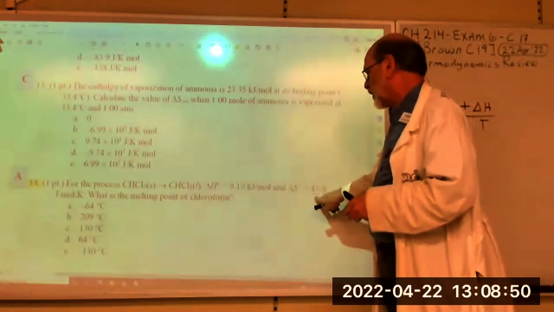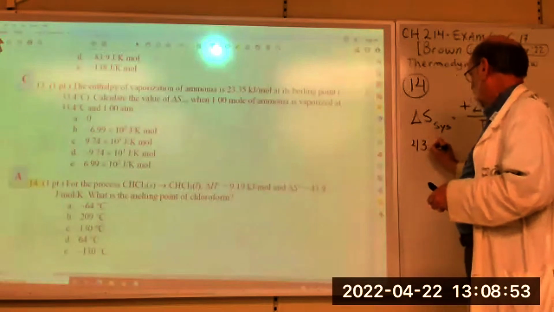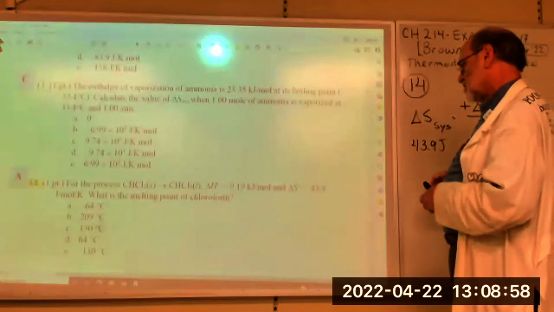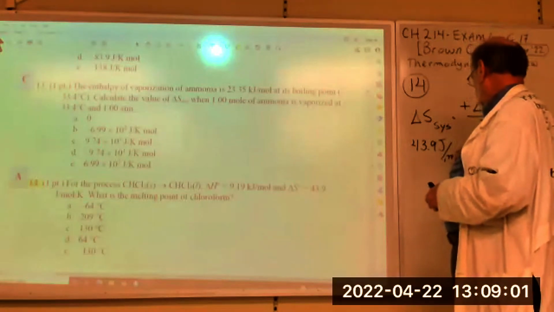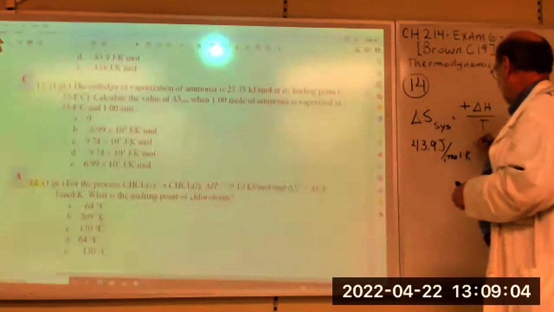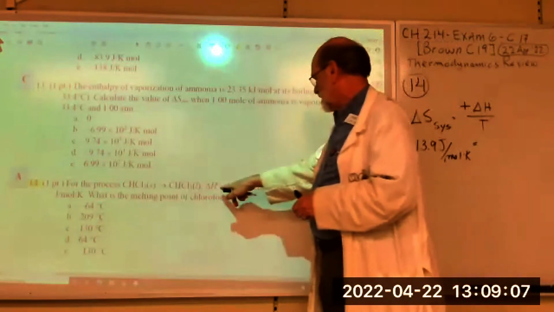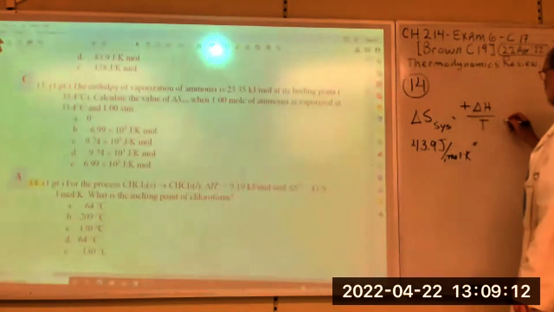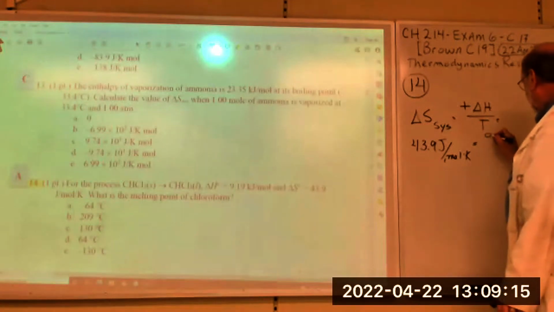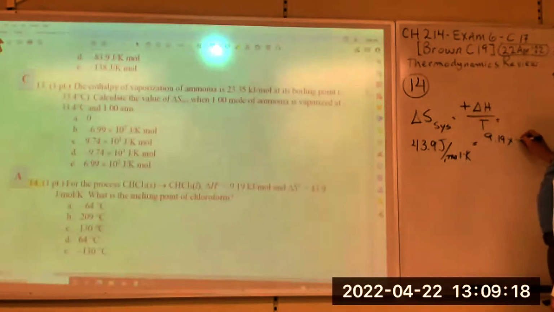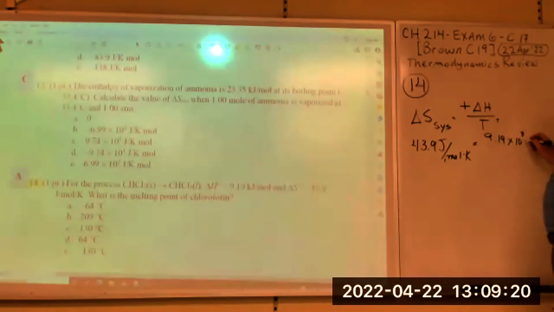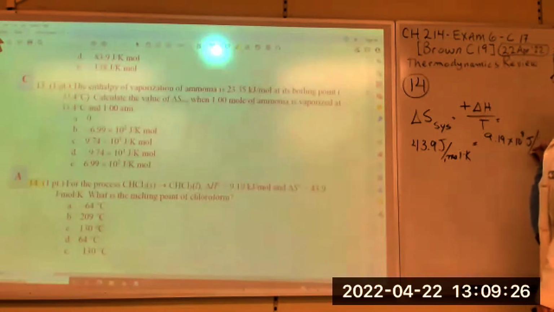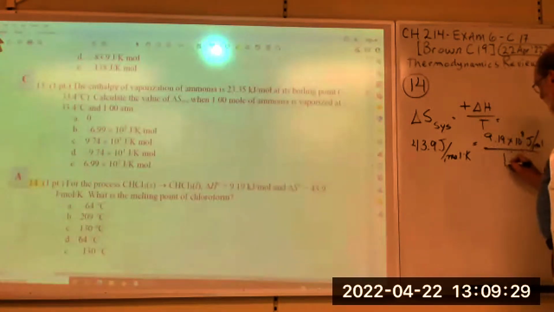Delta S of system is 43.9 joules per mole K. And the delta H is 9.19 kilojoules, which is 9.19 times 10 to the third joules per mole, divided by the temperature.